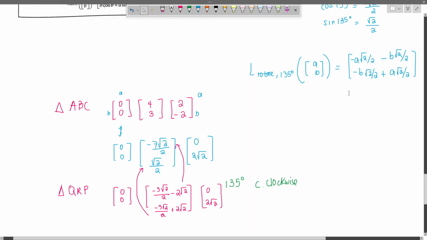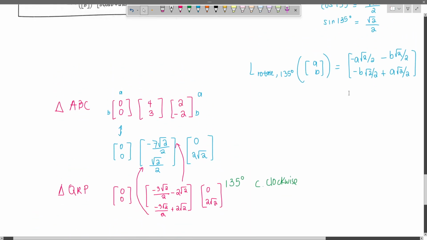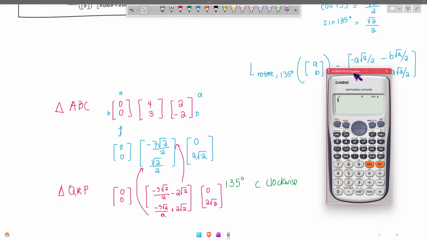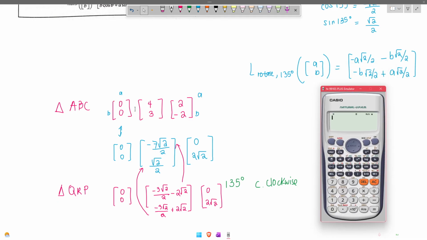So if we plug in the values, this is the formula that we have. Let's have this as an example: (2, -2). So a is equal to 2, b is equal to -2.